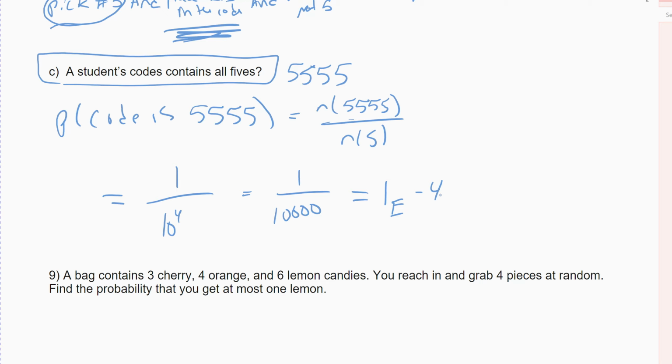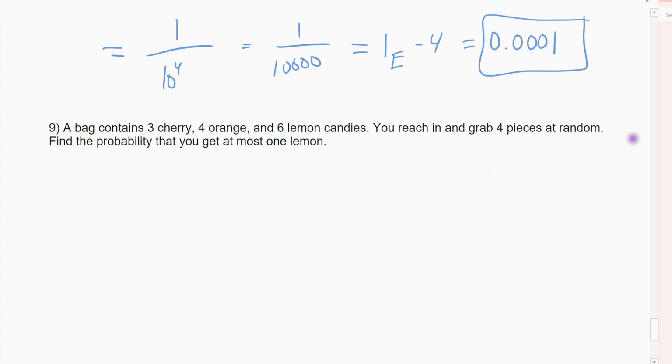So I go 1, and then I need 3 zeros, and this would be written as 0.0001, right? There are 4 spots after the decimal, and the 1 is where we start. So the probability of having that specific code, and that would be true for any code, whether it's all 5s or any code, is 1 out of 10,000. So 0.0001. Make sure you're careful and you understand what the scientific notation is.